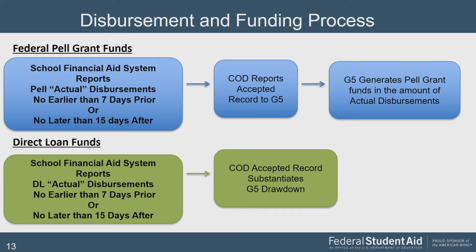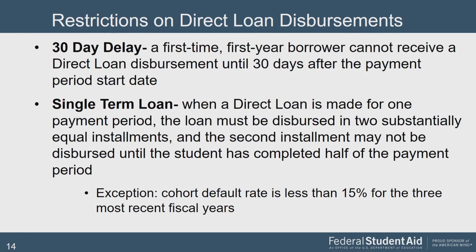COD is accepting records and you substantiate for the G5 drawdown for direct loans. When it comes to Pell, the G5 system will then generate the Pell funds for those actual disbursements. So this is a process that's followed from your records to our systems in order to get that money to the student.